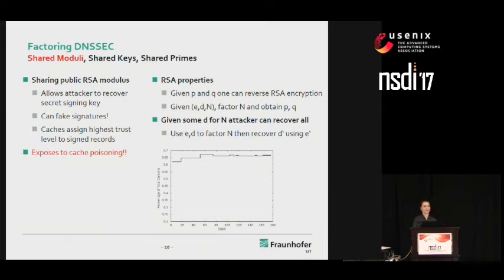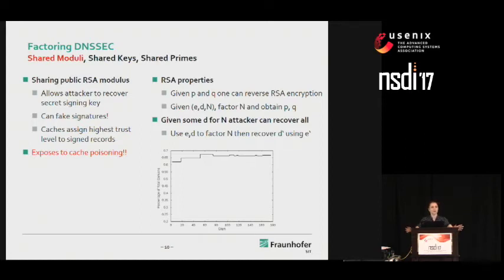What happens is that many registrars, when they sign domains using these automated procedures, reuse the same N. If an attacker knows which domain it wants to attack, or which domain it wants to poison in some customer network, the attacker can register its own domain under the same registrar, have the domain signed, and then using its knowledge of its private and public keys, it can recover the private signing key of the domain which it wants to attack.